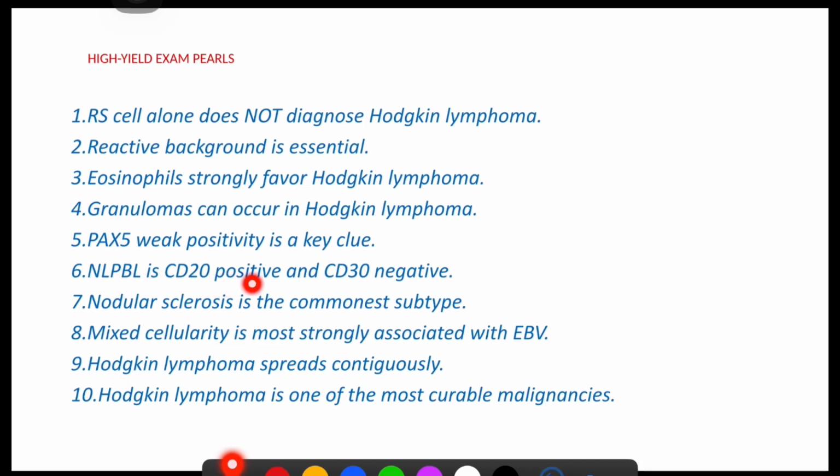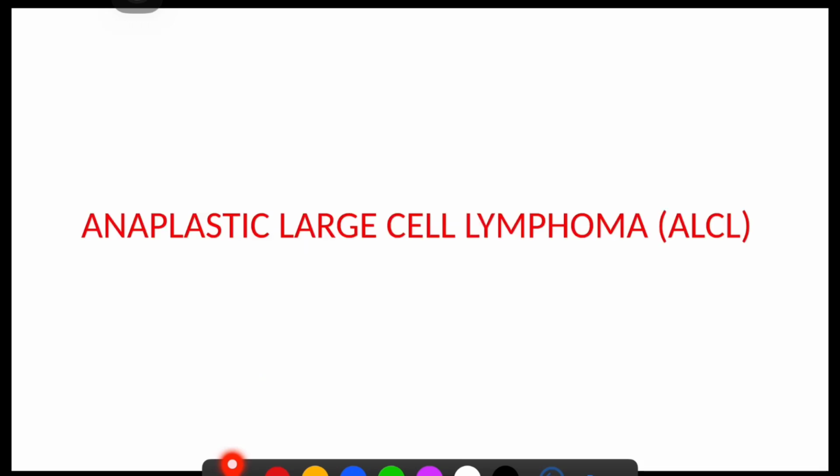NLPBL is CD20 positive and CD30 negative. Nodular sclerosis is the commonest type. Mixed cellularity is most strongly associated with Epstein-Barr virus infection. Hodgkin lymphoma spreads contiguously, and Hodgkin's lymphoma is one of the most curable malignancies. So these are the important points related to Hodgkin's lymphoma.